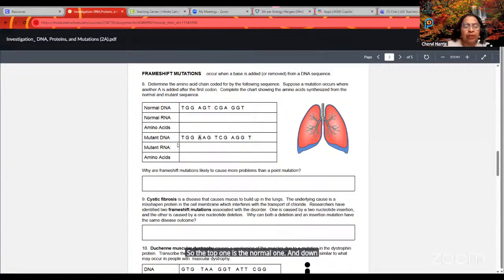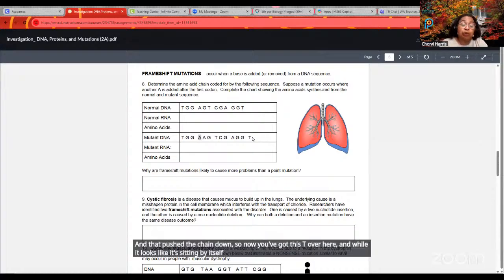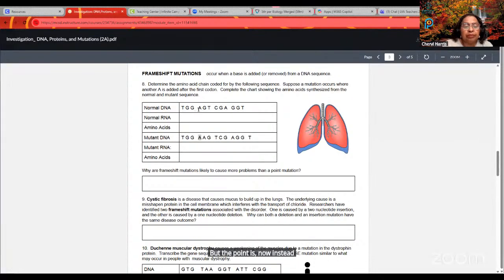Down here on the mutant one, they've shaded it by saying they stuck an extra one in there, and that pushed the chain down. So now you've got this T over here, and while it looks like it's sitting by itself, it's actually going to be part of the next set of 3. The point is, now instead of reading AGT, it's going to read AAG.